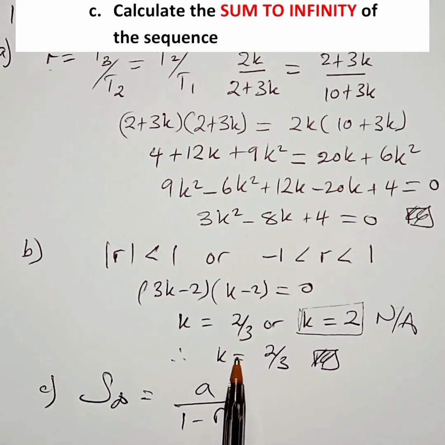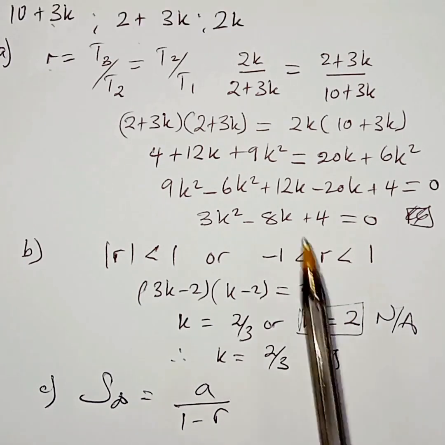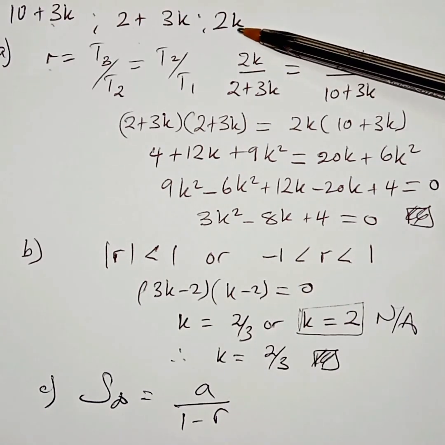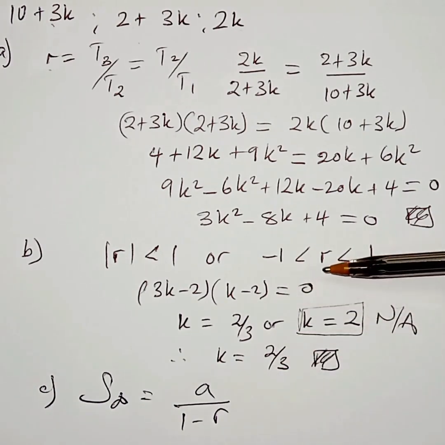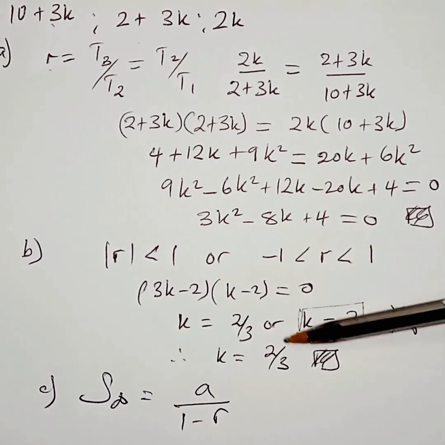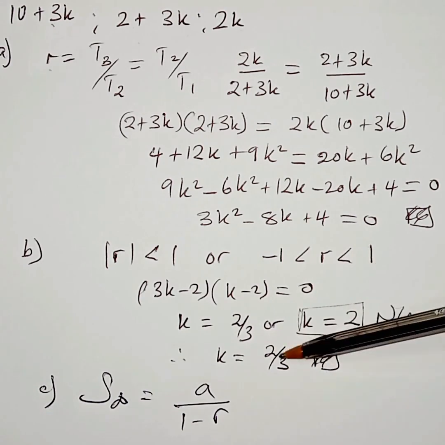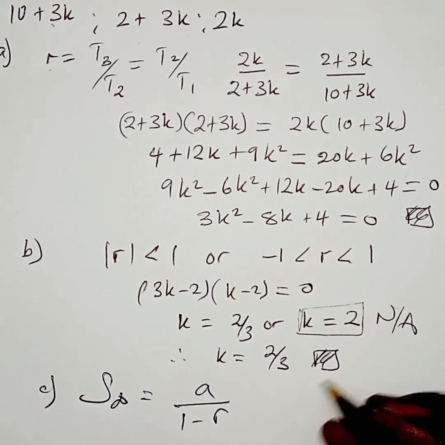But for us to find the common ratio, we can just check this term. It will be very simple for us to do that because we know the value of k. And the sum to infinity exists when the value of r is between 1 and minus 1. So we are checking this value of k. So we're looking for r now.